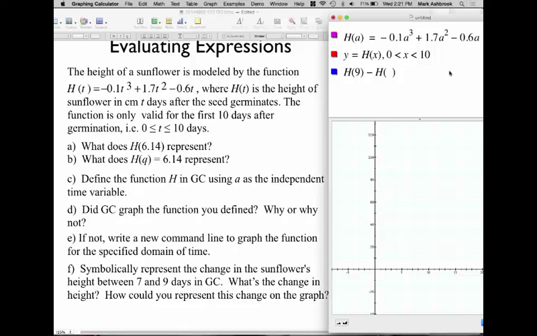Whenever you use the parentheses for function notation, get in the habit of using Control 9, not Shift 9. H of 9 minus H of 7 is the change in the sunflower's height from 7 days to 9 days. And the graphing calculator just gave us that value, 14.6 centimeters, is the change.